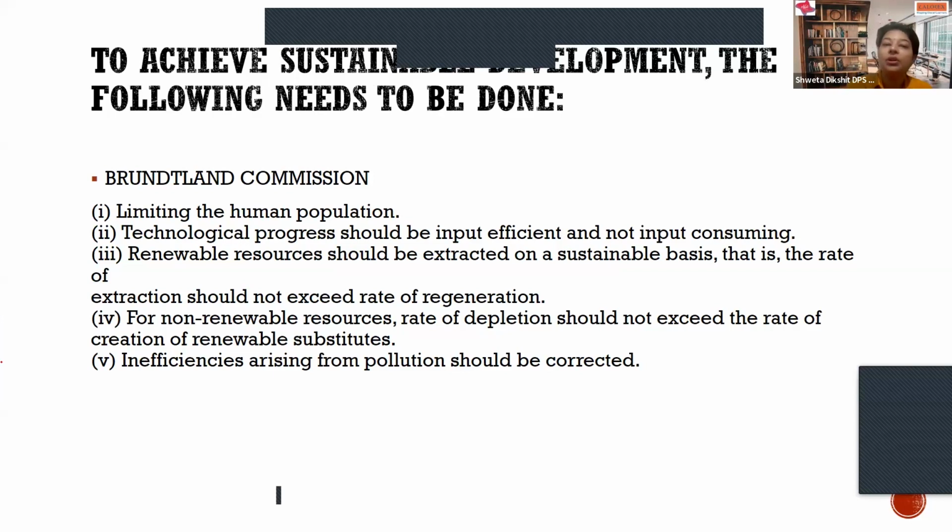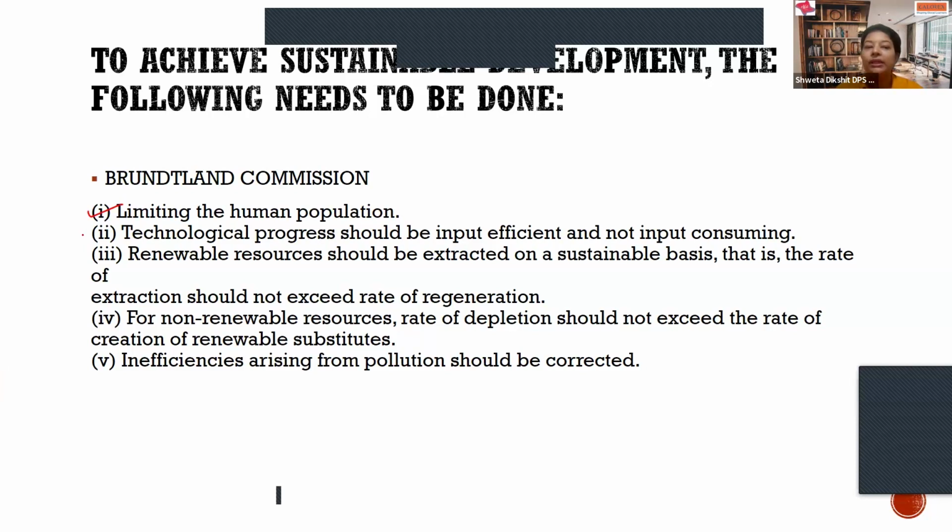Then, when talking about sustainability, the Brundtland Commission is a very important name. The Brundtland Commission gave some advice related to sustainable development, that means the do's and don'ts about sustainability. The first thing they proposed is that we should control the human population.